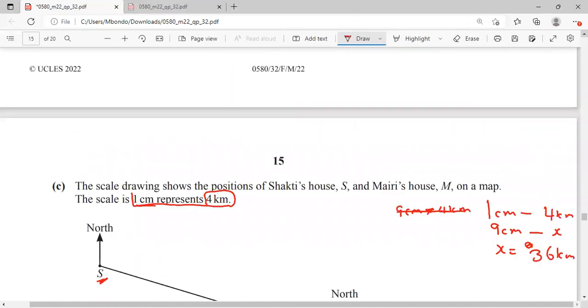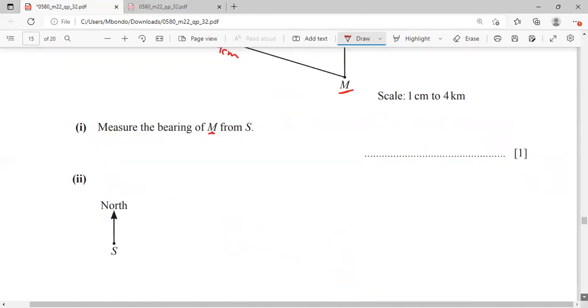And if you measure this angle here, you're going to get 127 degrees. It can be an angle or a bearing.